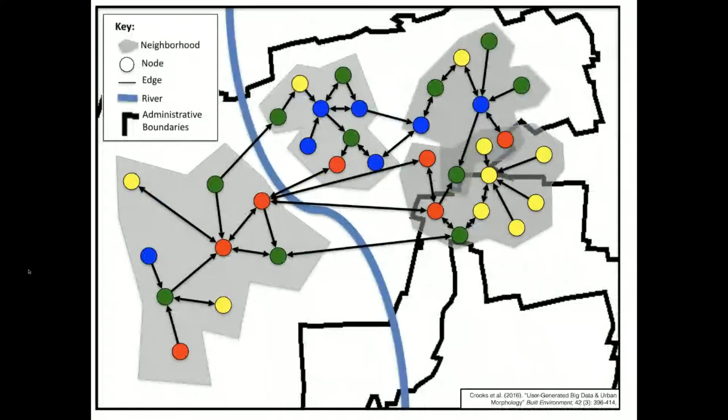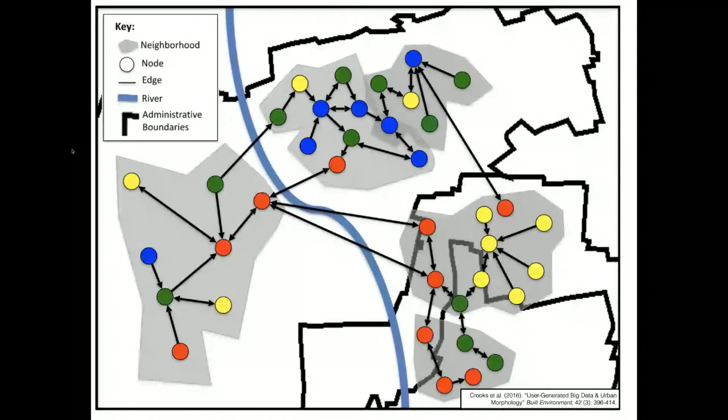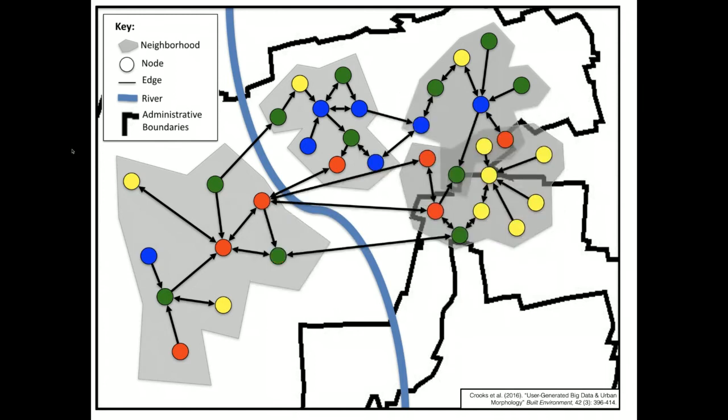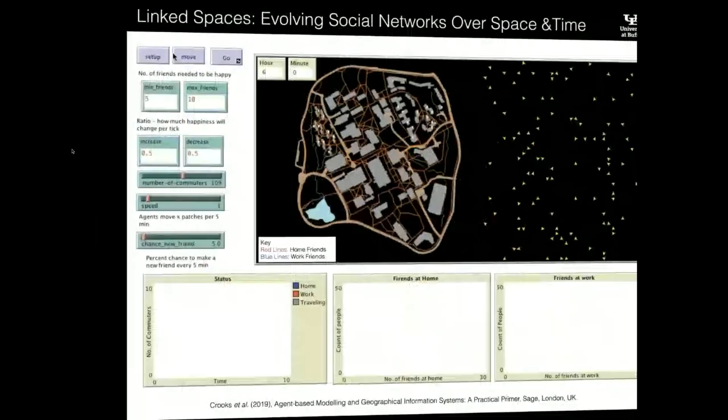This is an animation. These gray areas are our traditional neighborhoods. But as people move through the city, new networks might be built, new proximate neighborhoods being formed. Things are constantly changing. We can use models and data to explore these changes within cities.